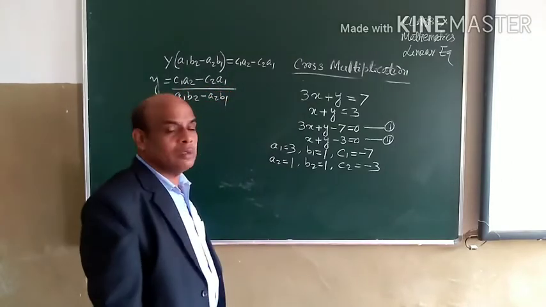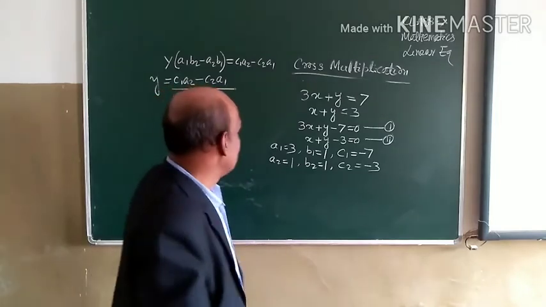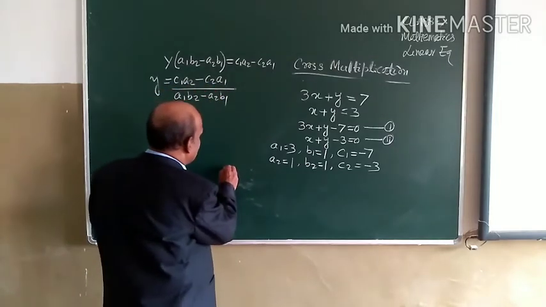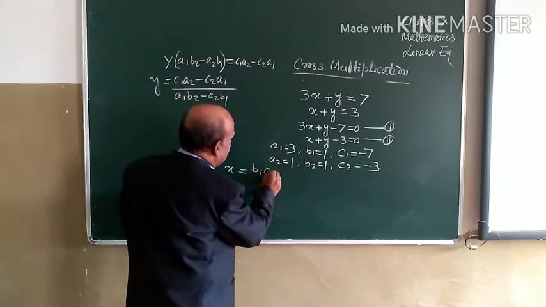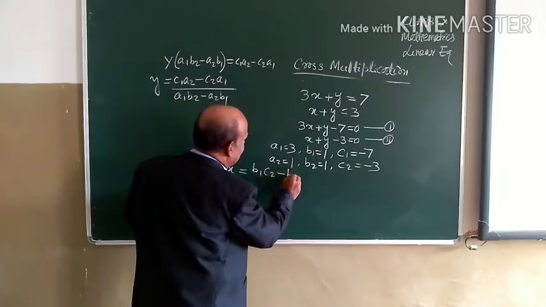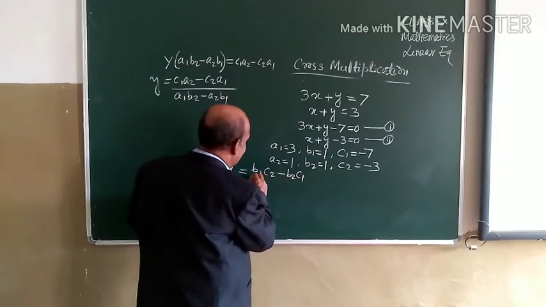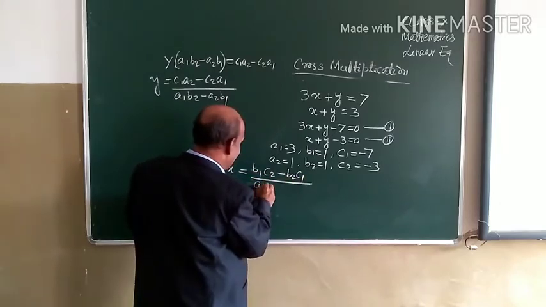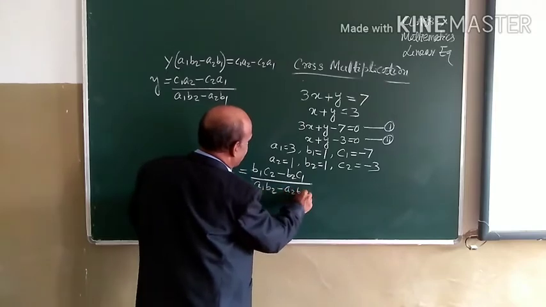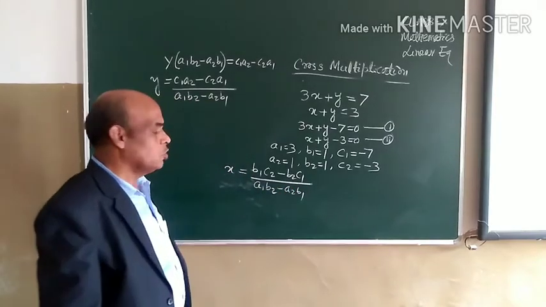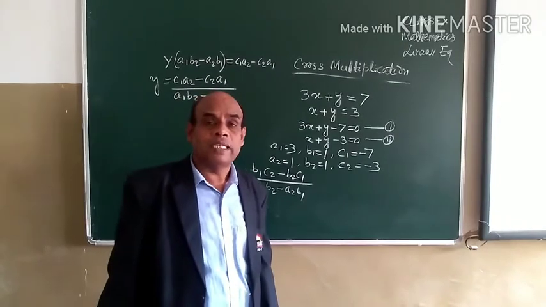Now we have to write the formula. So what is the formula? x is equal to (b1 c2 minus b2 c1) divided by (a1 b2 minus a2 b1). So this is the formula for x.